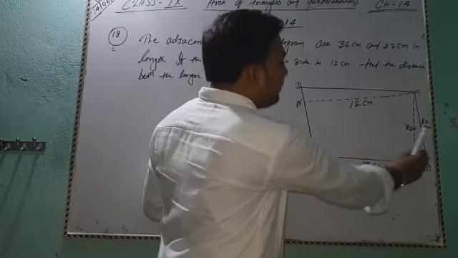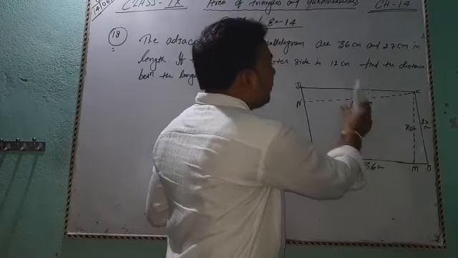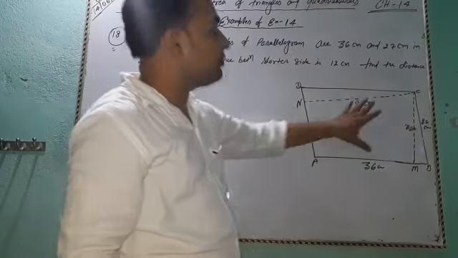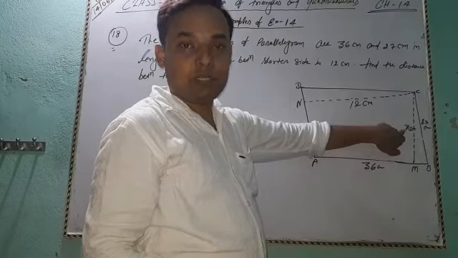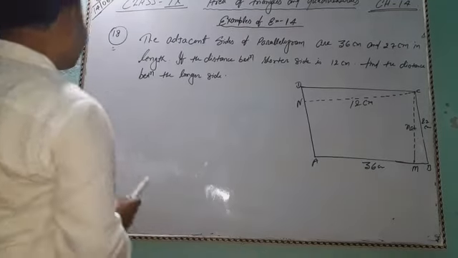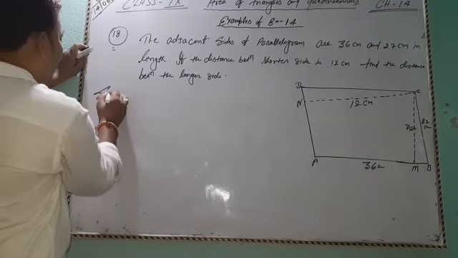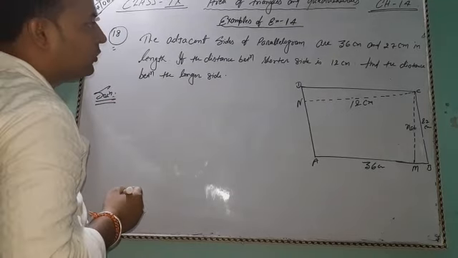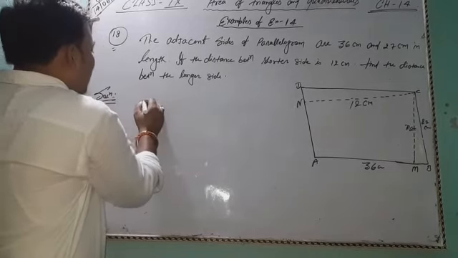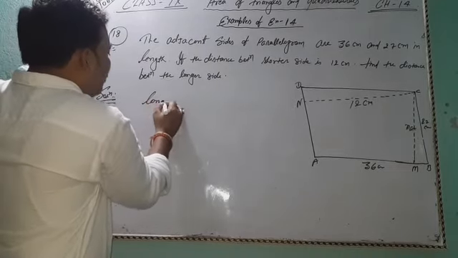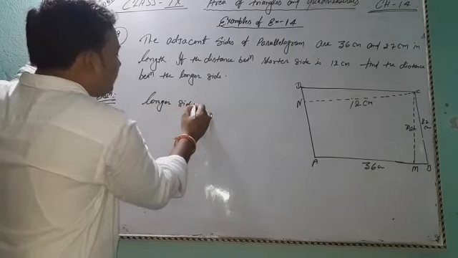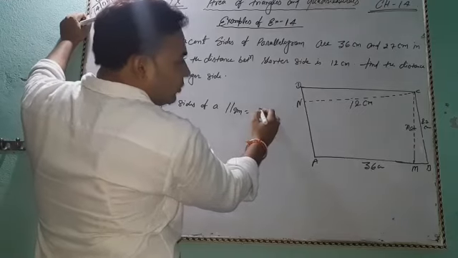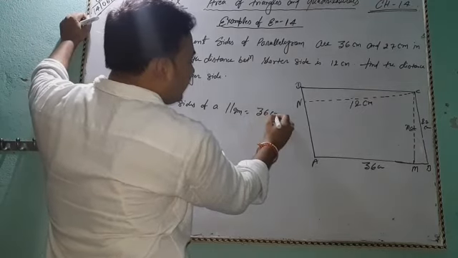Shorter side is AD and BC. The distance between the shorter side is 12 centimeter. Find the distance between the longer side. So the distance between the longer side is x centimeter. Let. So longer side of a parallelogram equal to 36 centimeter.